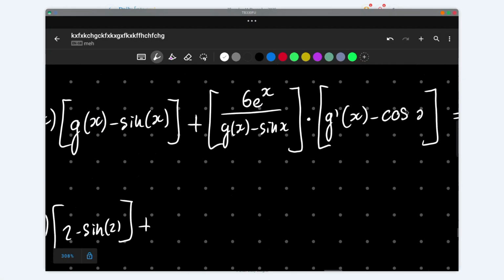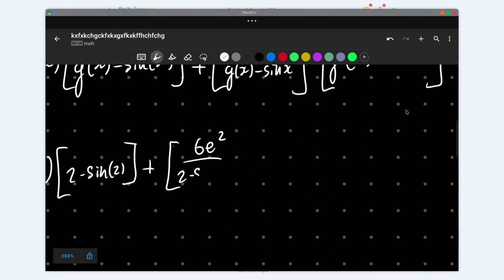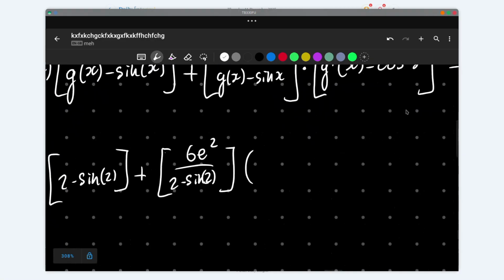And 6e to the 2, yeah. 6e to the 2 over 2 minus sine of 2 times, I don't need thick brackets anymore, so I can make this look nice actually.